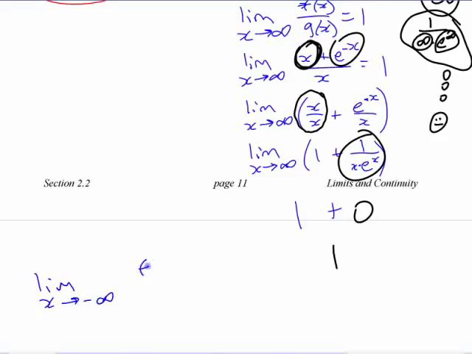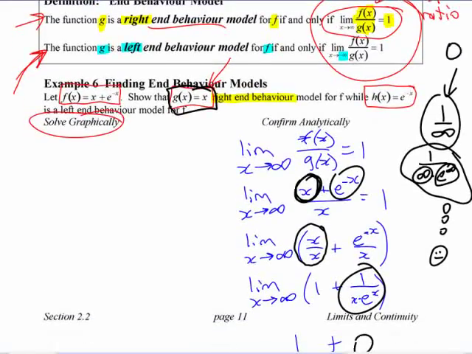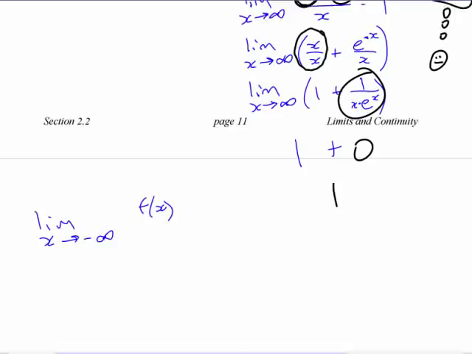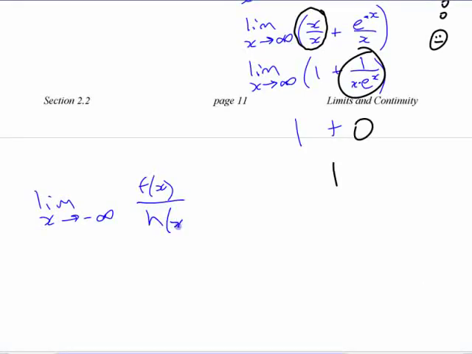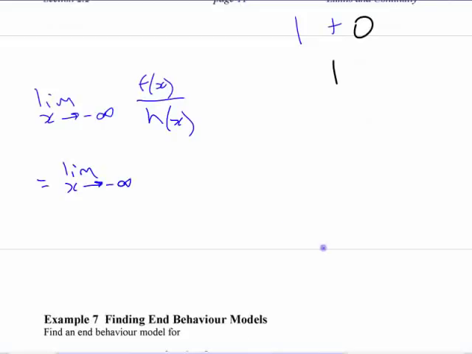And we want f of x over, what is the end behavior model we're using for that? h of x, which was e to the negative x. That limit is equal to the limit of this. You have to keep writing limit of until you actually evaluate the limit. So we have x plus e to the negative x divided by e to the negative x.